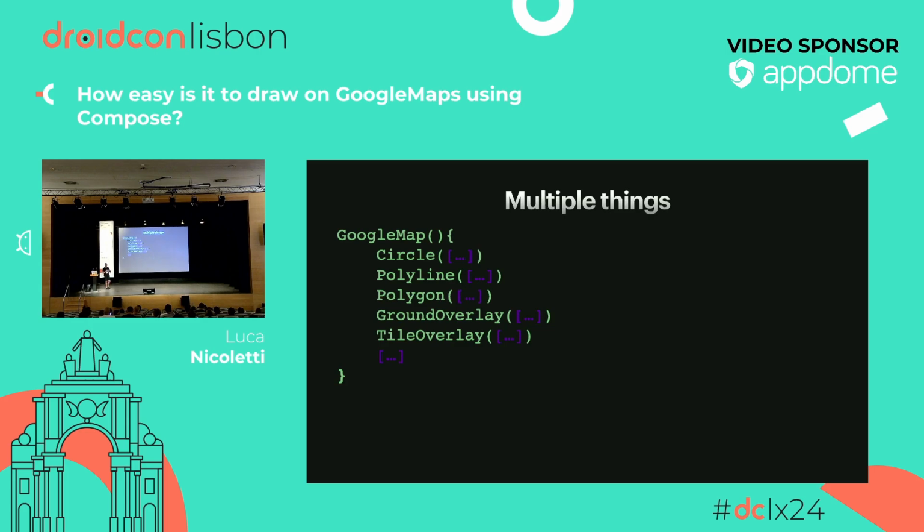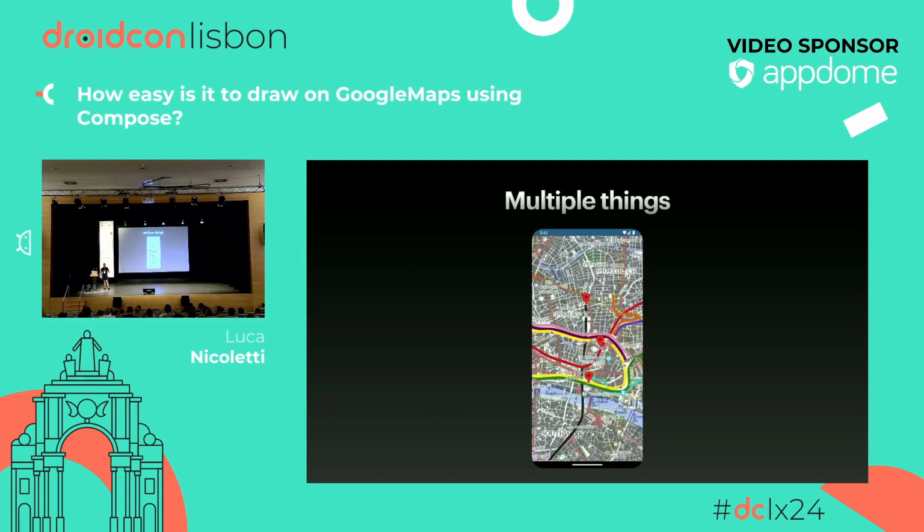You can use multiple, a selection of them, or even all of them together. And that will be the end result if you use tile overlay, ground overlay, and markers. There is no clustering here, but you can use clustering as well.